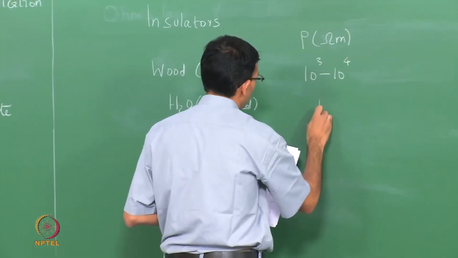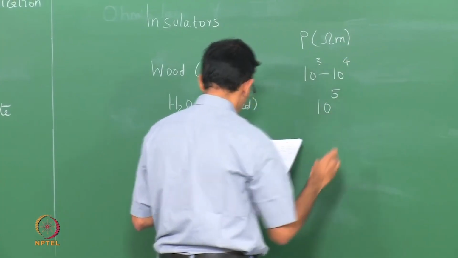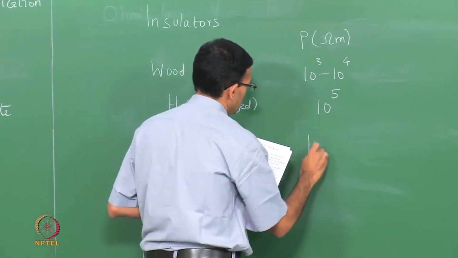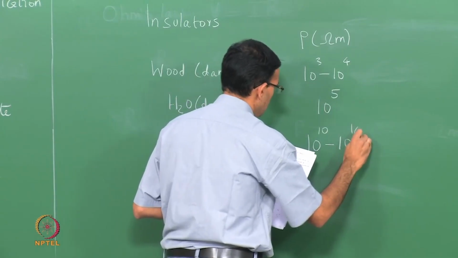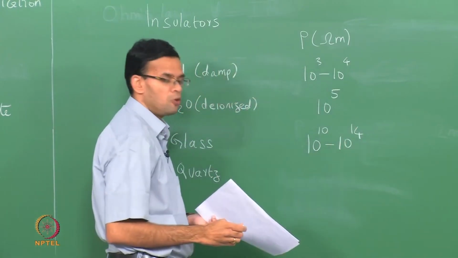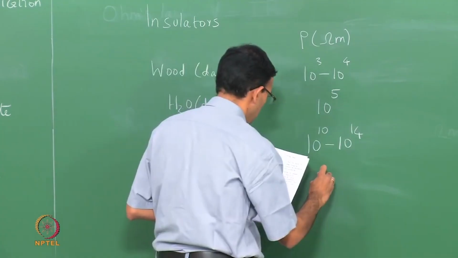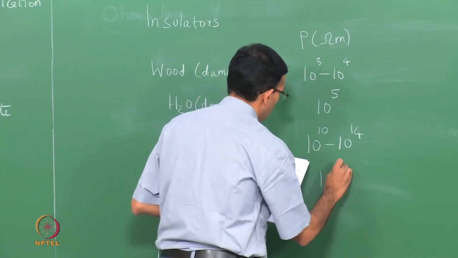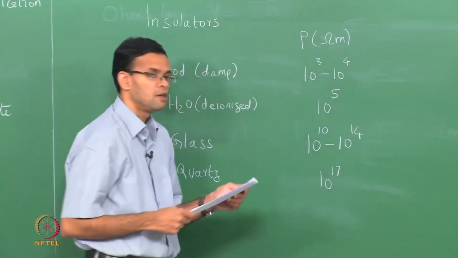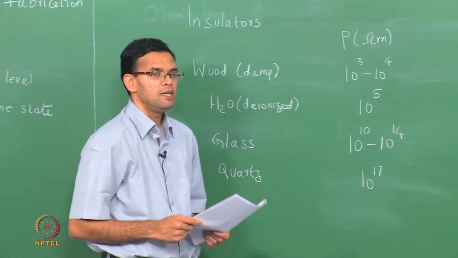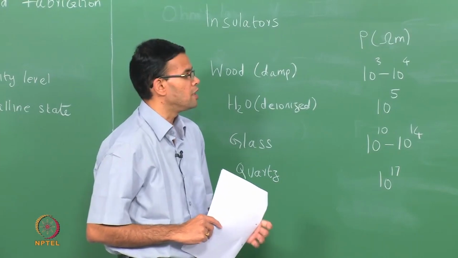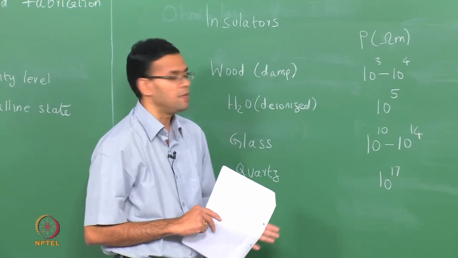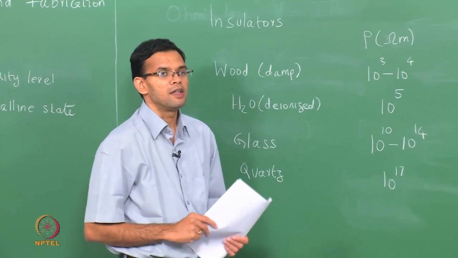These are some typical values. In the case of glass, the resistivity is around 10 to the 10, 10 to the 14, depending upon if you have some doping agents in glass or not, or some impurities. In case of quartz, it's even higher. So, what we essentially see is a wide range of resistivity depending upon whether you are a metal or you have a semiconductor or you have an insulator.